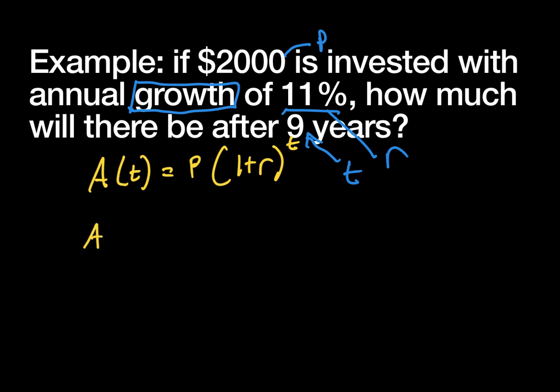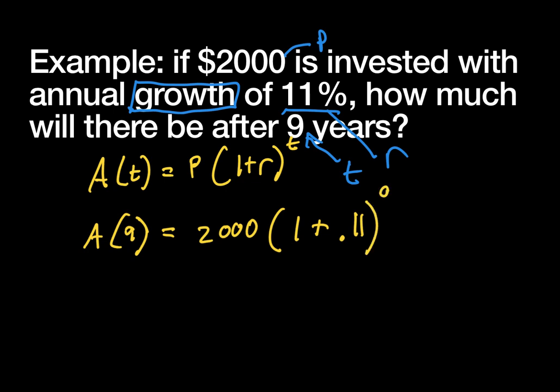So when I plug this in, it says after 9 years, so it's going to be A of 9 equals my principal, 2,000, parentheses, 1 plus, we have to be careful. That's a percent, but I'm dealing with decimal numbers. I need to convert my percent to a decimal. 11% is 0.11, raised to the 9 power.